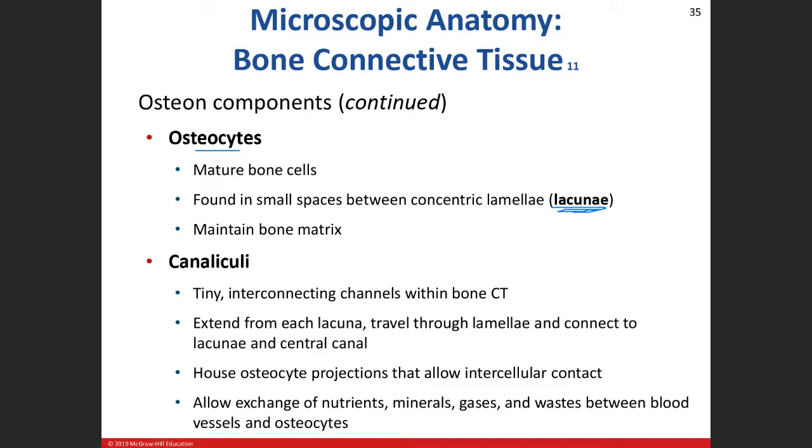And those osteocytes have one job: maintain the matrix. Make sure it's okay. Make sure it's not cracking, that there's enough material in there. If there's not, they convert back into osteoblasts, build more matrix, it hardens, and then they go back to their osteocyte lifestyle. So that's their job: maintain the bone matrix.